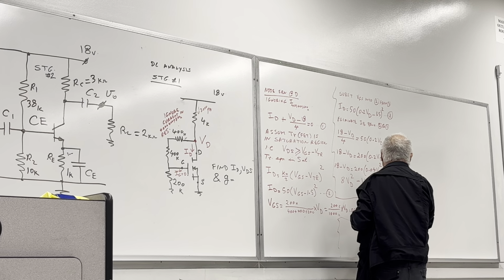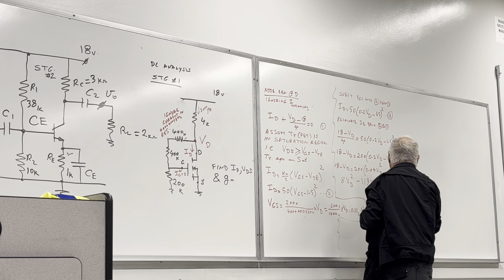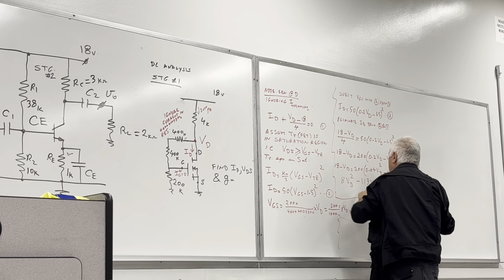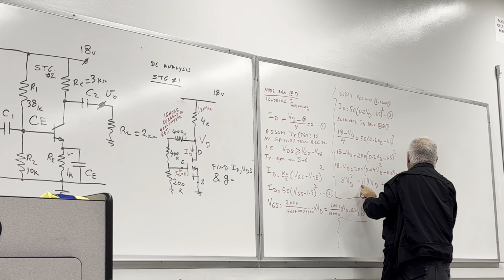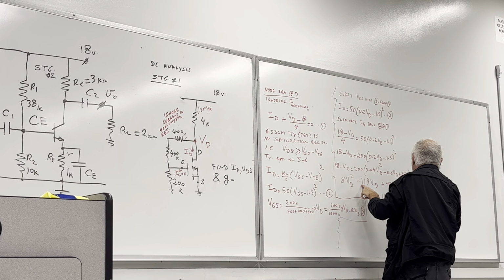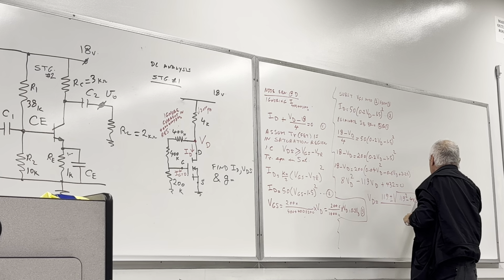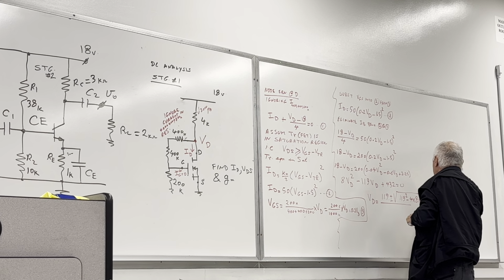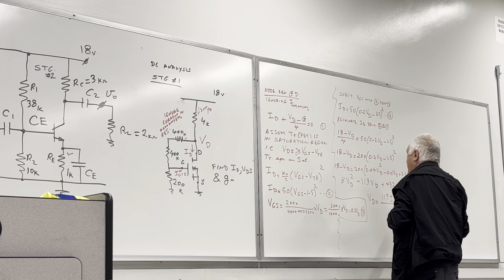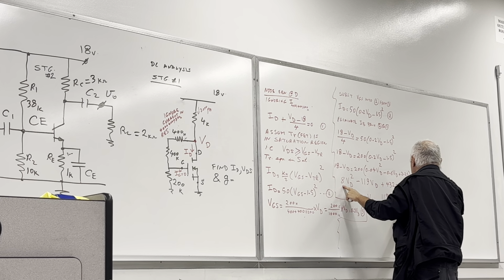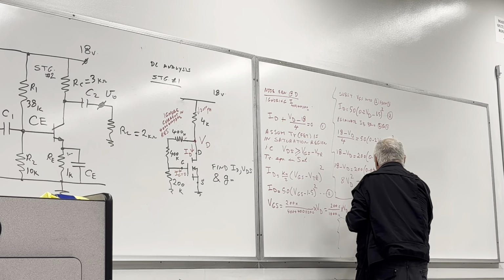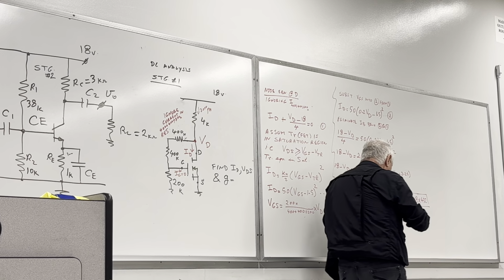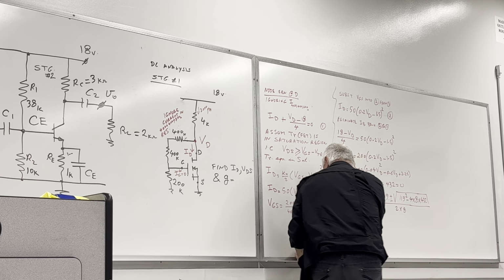So it's 119 plus or minus the radical of 119 squared minus 4 times 8 multiplied by 432, divided by 2 times 8. Okay, so finally we got an answer. Let's see what that is.